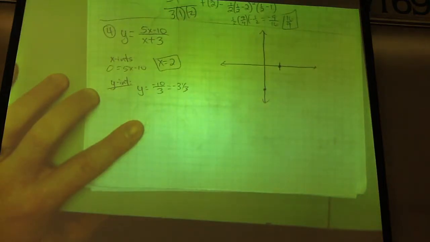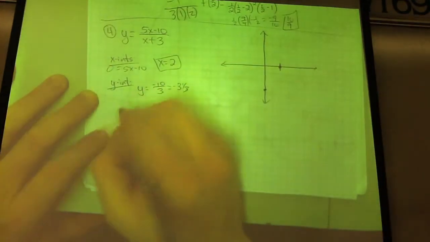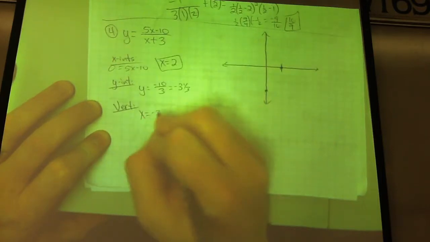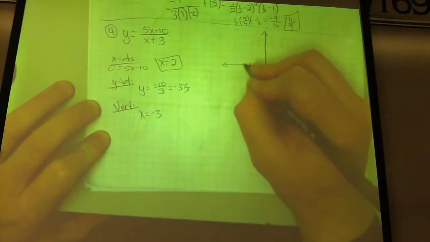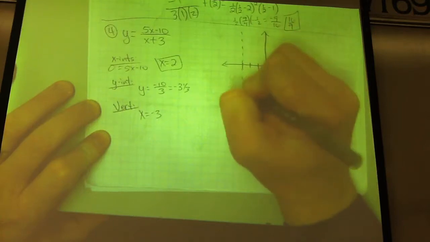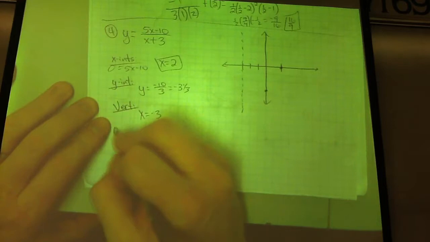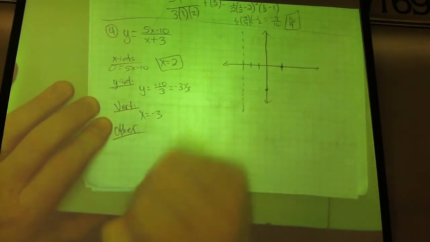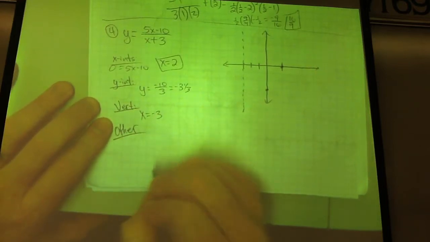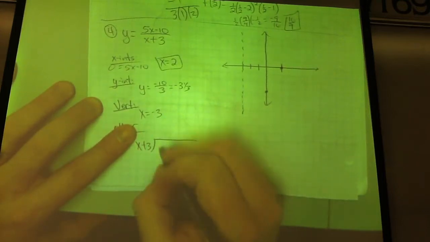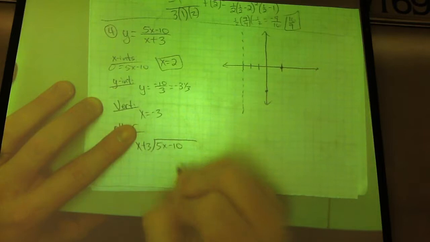And then vertical asymptotes. X equals negative 3 doesn't work, so negative 3. And then other asymptotes. You have to remember all the rules. Least coefficient.